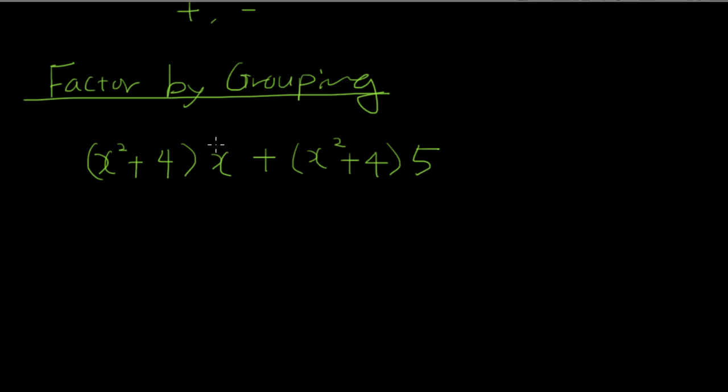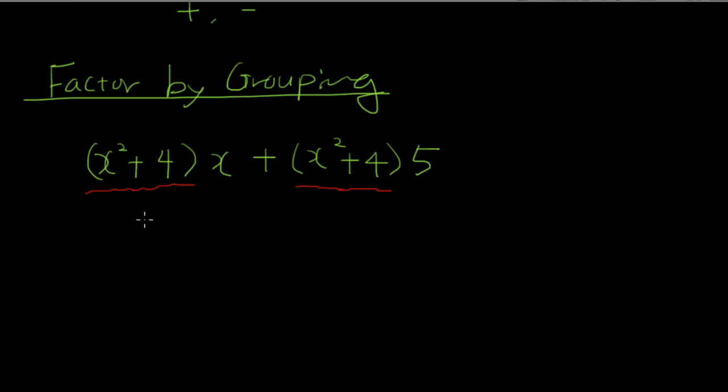Instead of multiplying this in, expanding it and trying to simplify it again, we recognize that we have this x squared plus 4 there, and x squared plus 4 there too. So we have this in common between this and this.